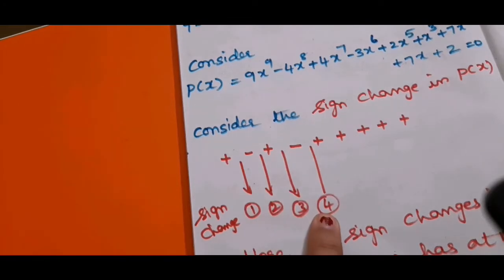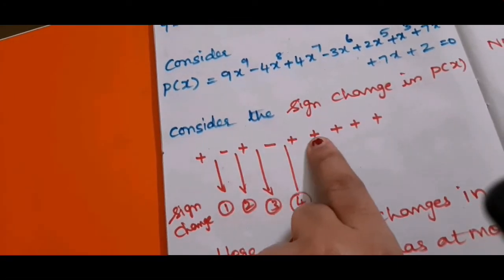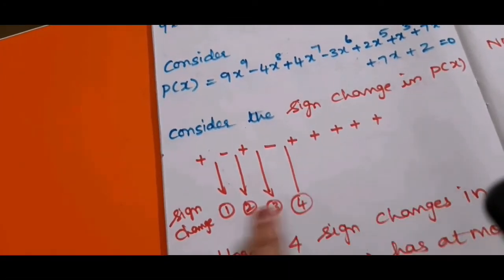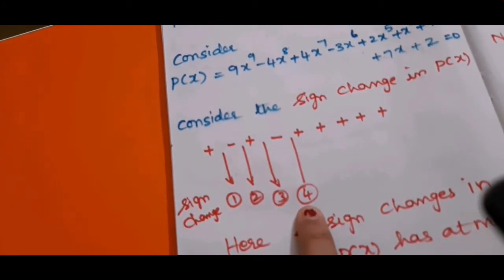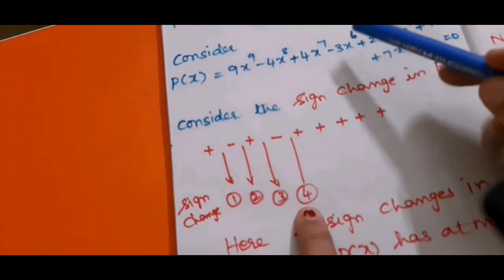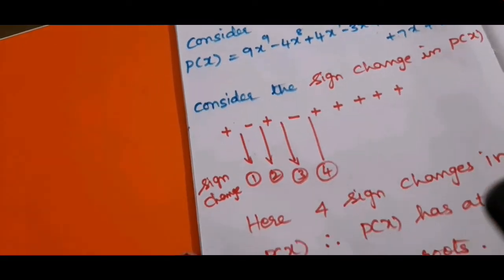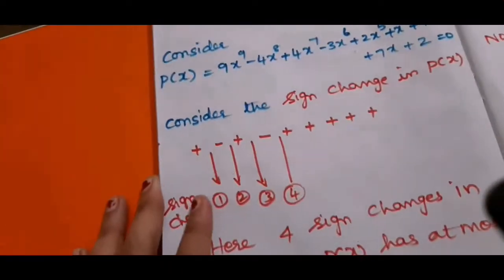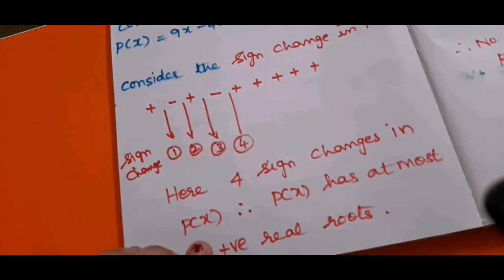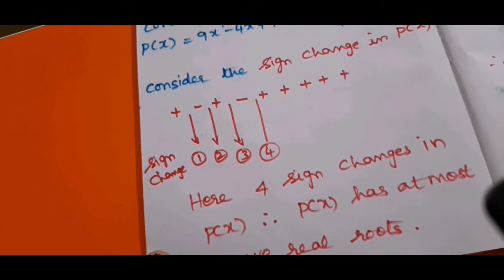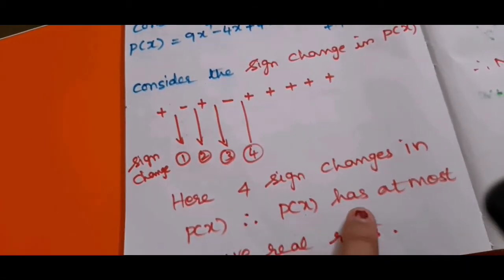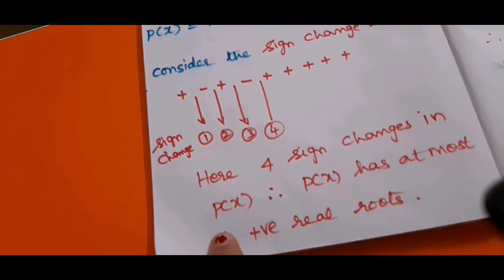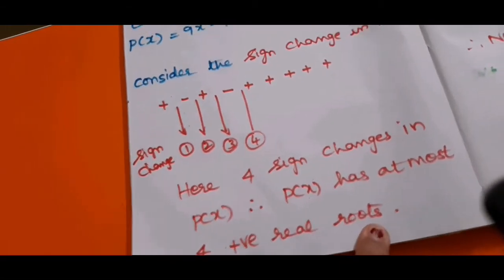Negative to positive, fourth sign change. Here, for the rest, no sign change. So there are 4 sign changes in the coefficients of the polynomial. Therefore p of x has at most 4 positive real roots.